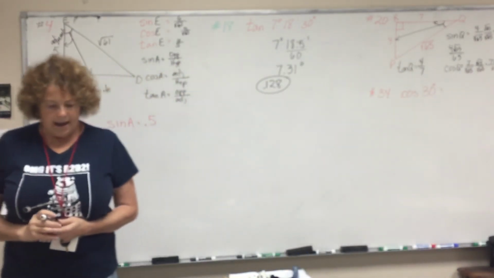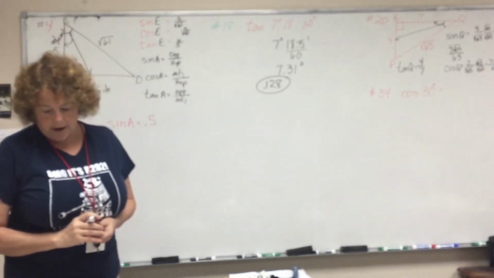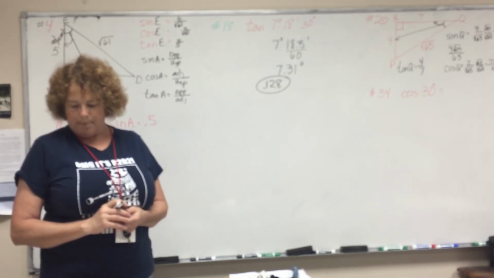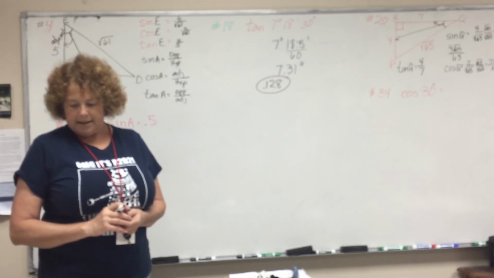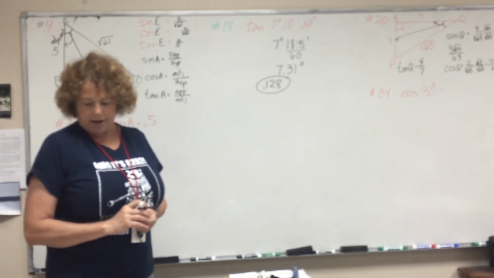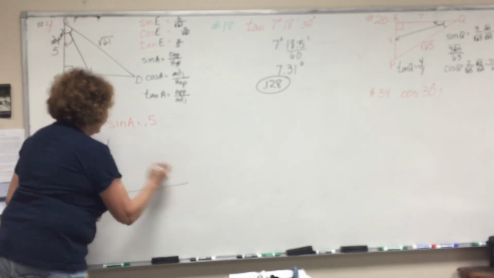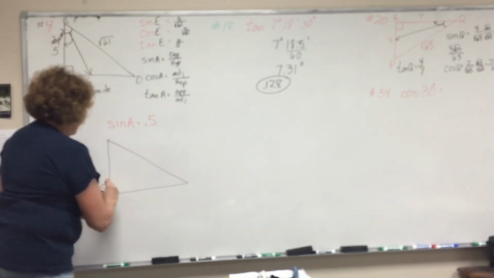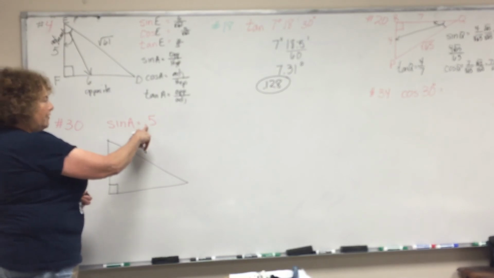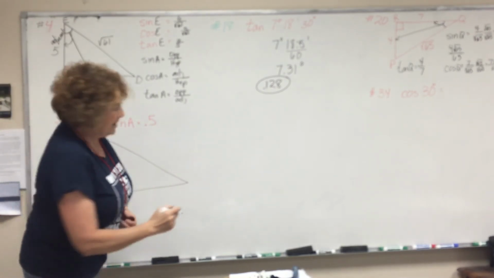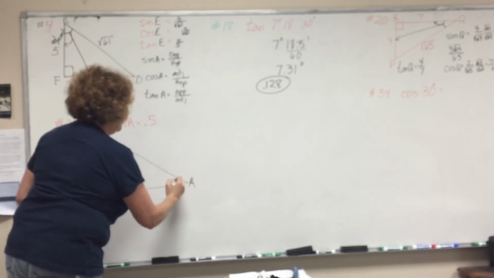Okay? Now let's jump to number 30, where it says sketch a triangle, the right triangle, and find the decimal approximation to 4 decimal places of the other 2 basic trigonometric ratios. Well, this requires a little bit of thinking. If the sine is 0.5, let's make this angle A, okay?